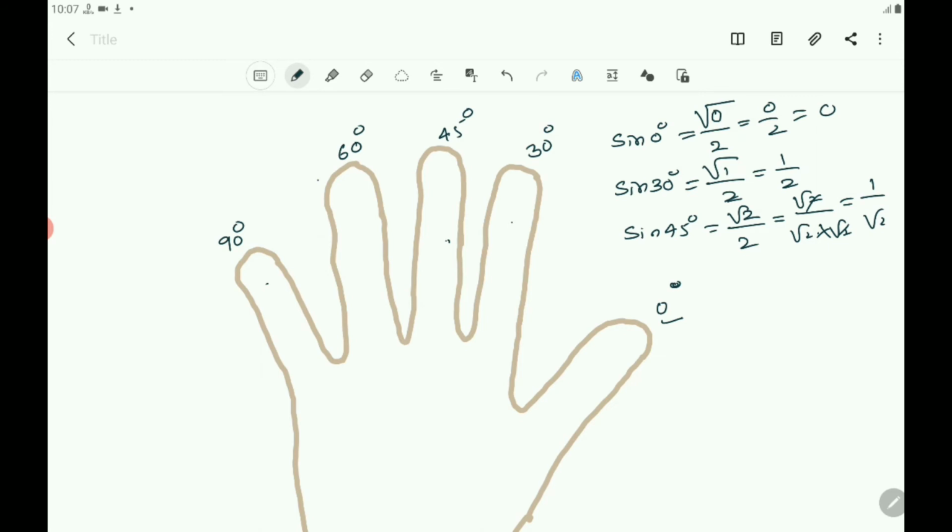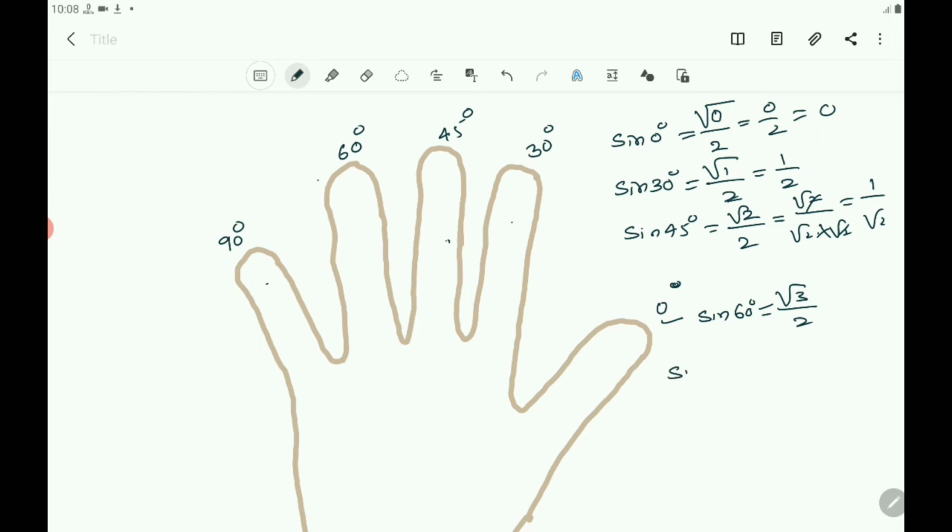Next, for sine 60. Sine 60, here 1, 2, 3 fingers are there in this direction. So you take root 3 by 2. Sine 60 degrees is root 3 by 2.